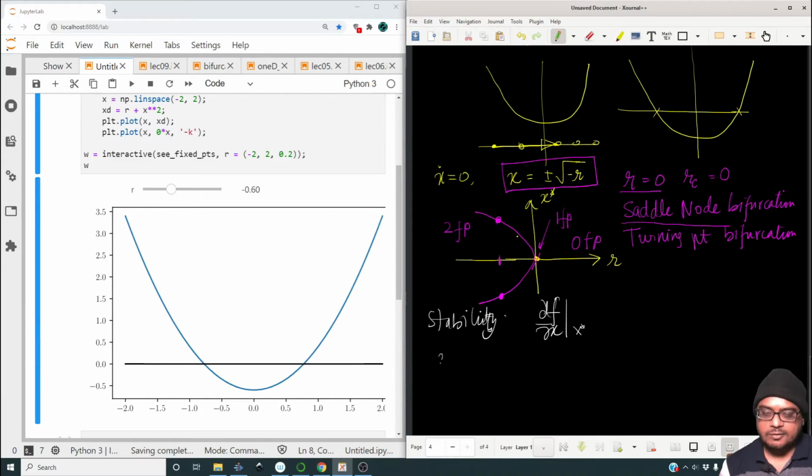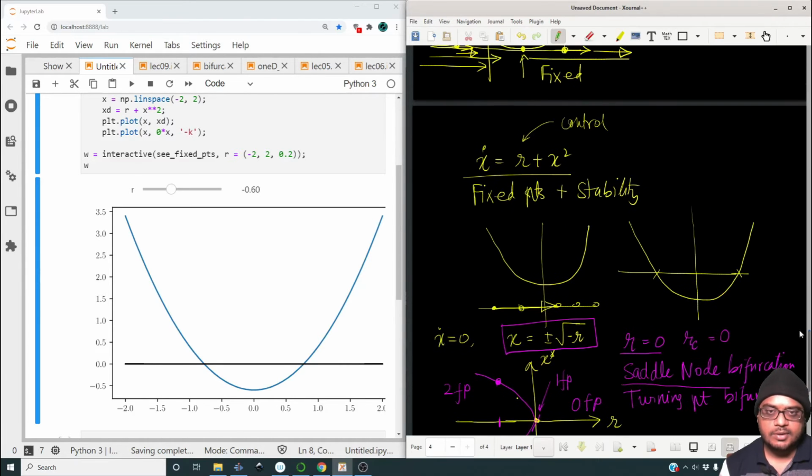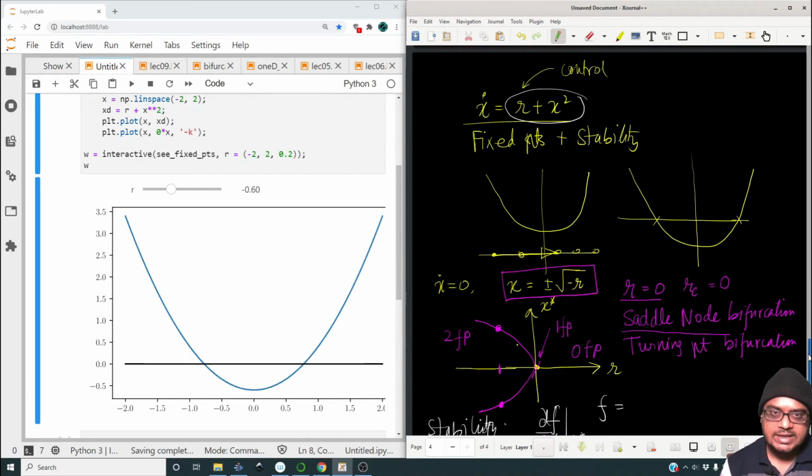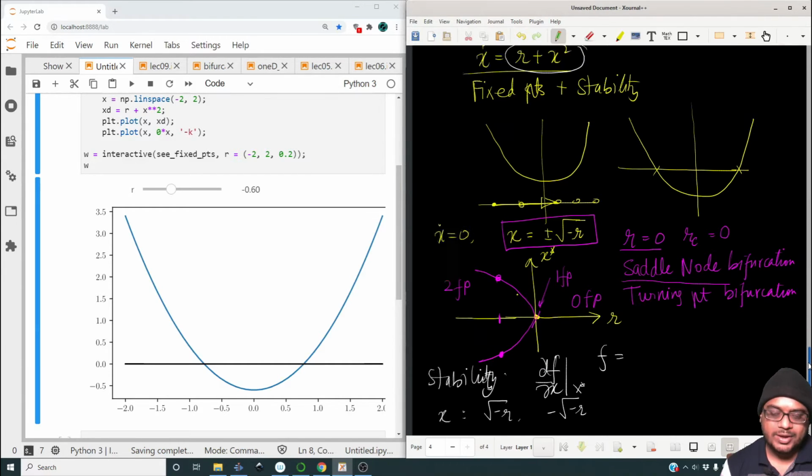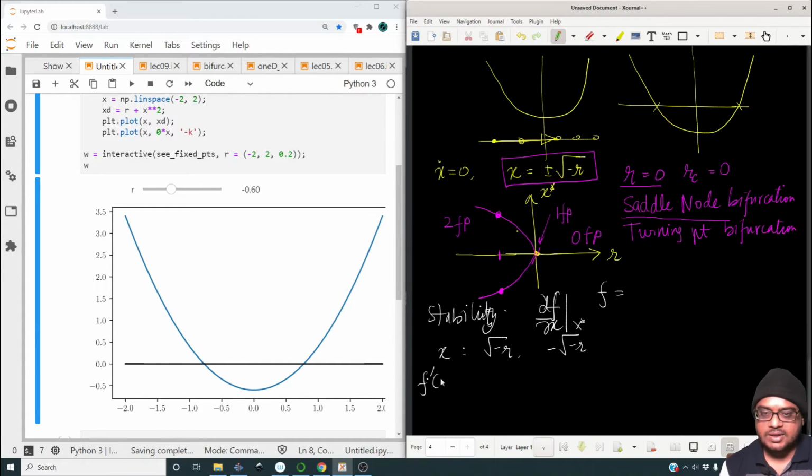So the first fixed point is root of minus r, second fixed point is minus root of minus r, and the function f that we are plotting is r plus x square. So df dx is going to be 2x. So f prime x. So remember, primes are spatial derivatives and dots are temporal derivatives. So f prime x is 2x. So it will be 2 square root of minus r and minus 2 square root of minus r.